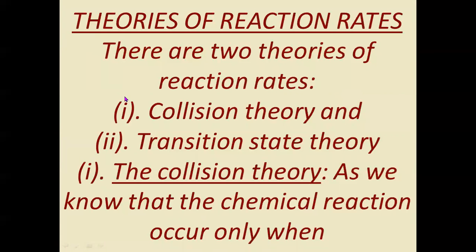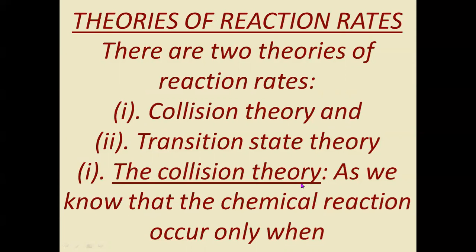Now, theories of reaction rate. There are two different theories. First is called collision theory, the other is called transition theory. In collision theory, some points we have discussed already.